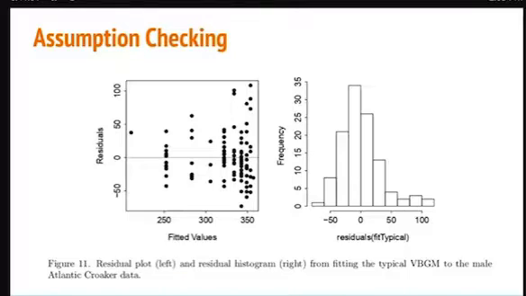But from what I'm seeing here, there's a violation. And if you take a look at the histogram, there's a deviation from normality too. It's kind of skewed, right?